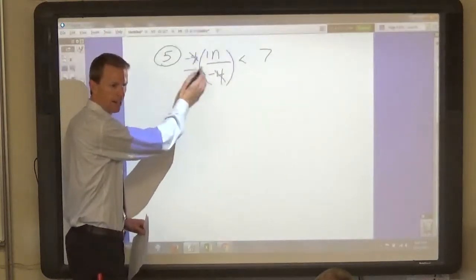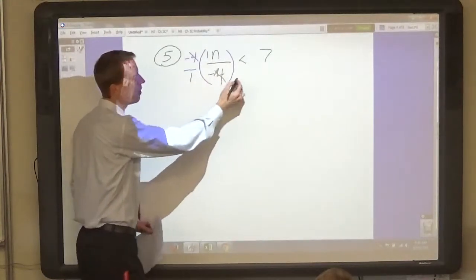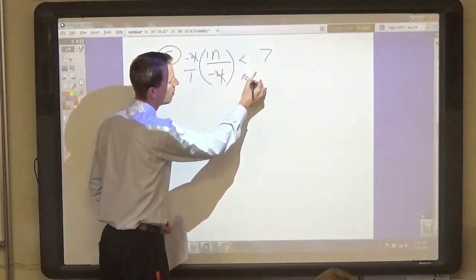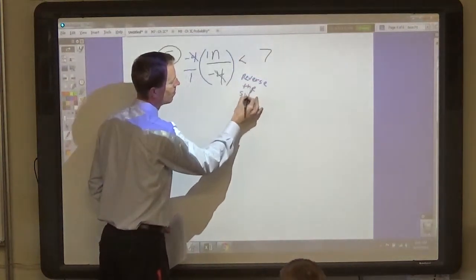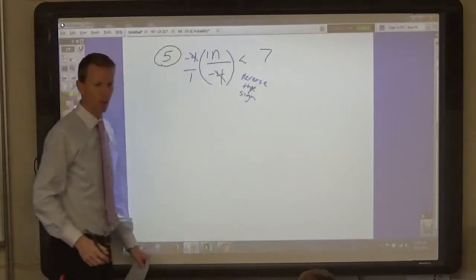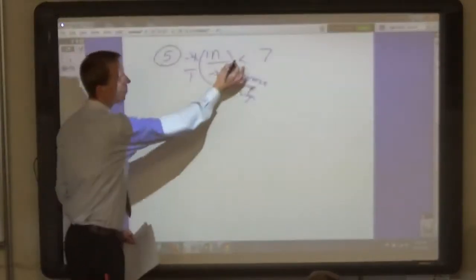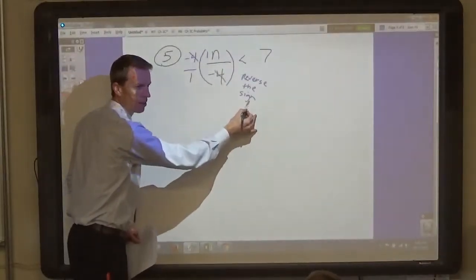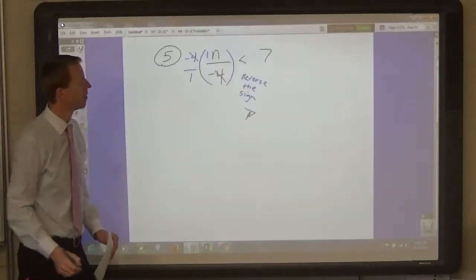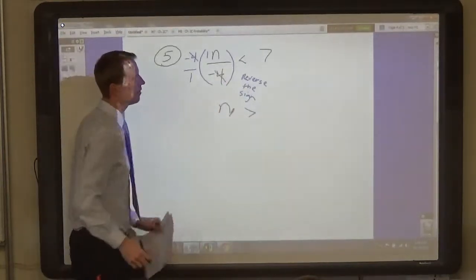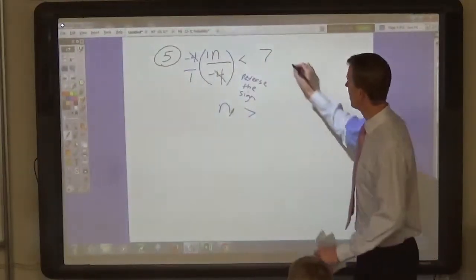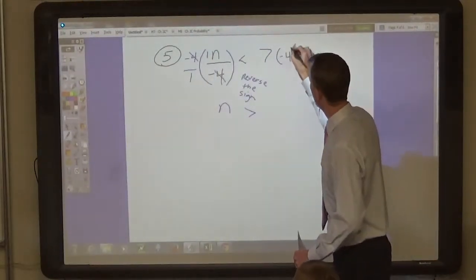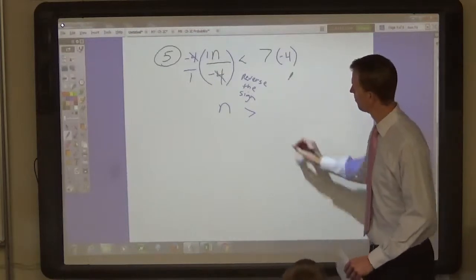Yes, we have to reverse the sign. Change it from less than to greater than. N is greater than what? -28. We have to multiply by -4 on both sides.